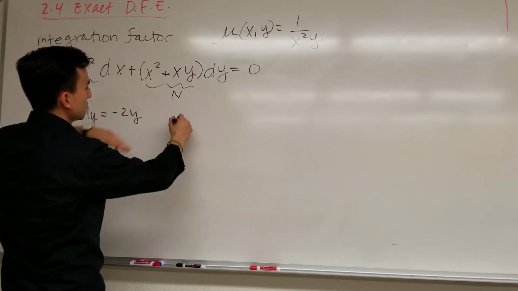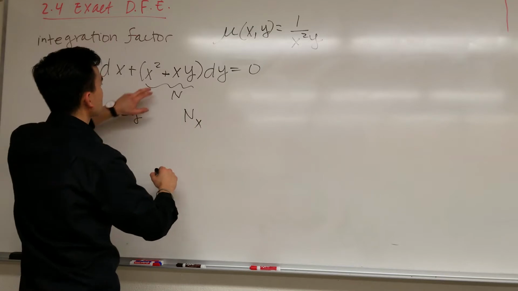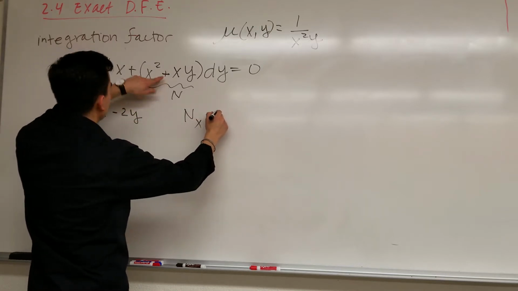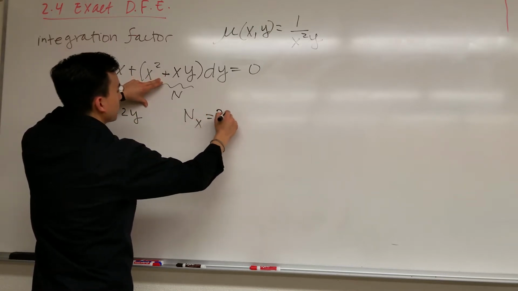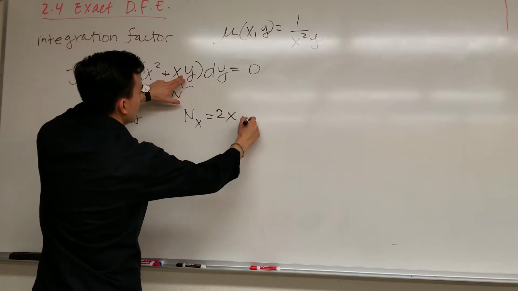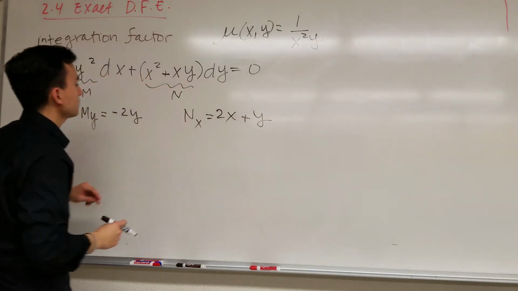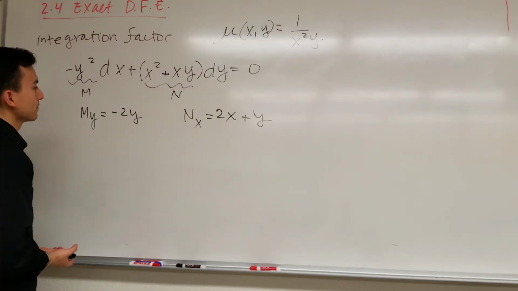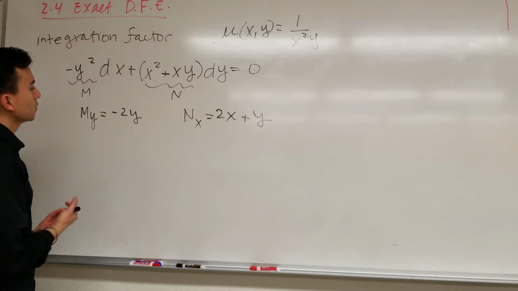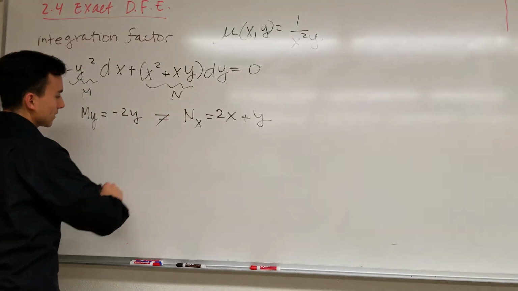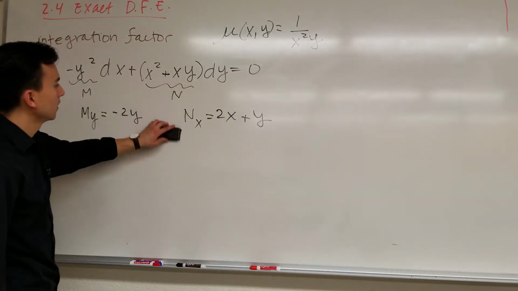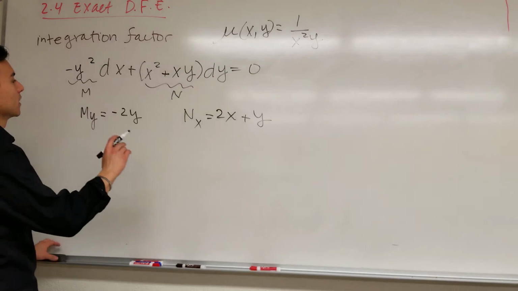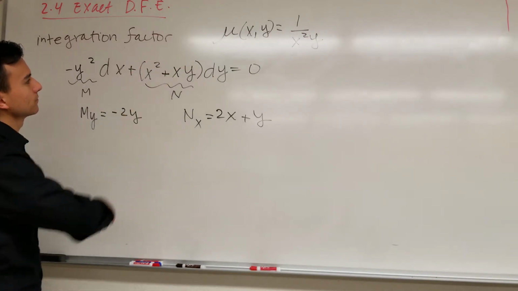And if I take my partial of N with respect to x, I get 2x plus y. Well, that certainly doesn't look equal, right? So we could say that this isn't exact. Not exact.